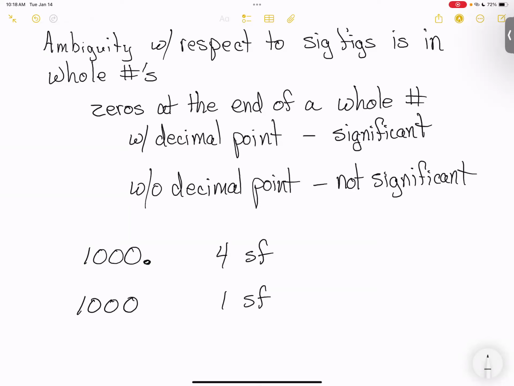Basically, by including that point, we're defining whether those zeros truly exist or not, or whether it could have been an approximation. Is it 1,000 or is it approximately 1,000?